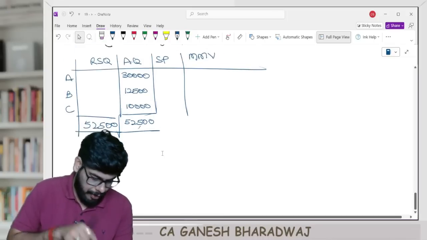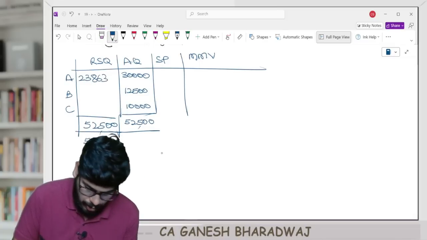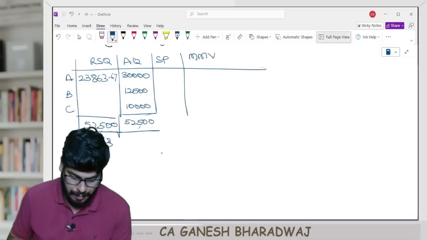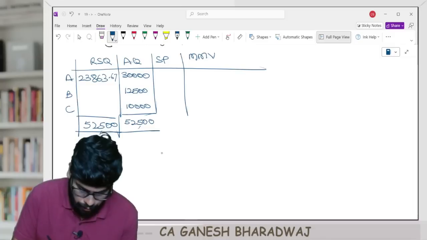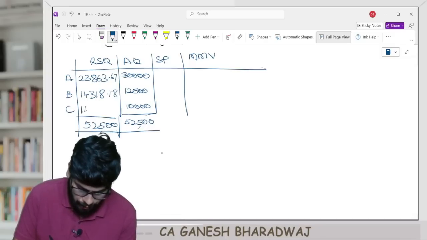So 52,500 divided by 11 into 5 is equal to 23,863.67. I'm rounding it off here, but the decimals need to be retained fully. Then the 3 is equal to 14,318.18. Similarly, here it's going to be 14,318.18.